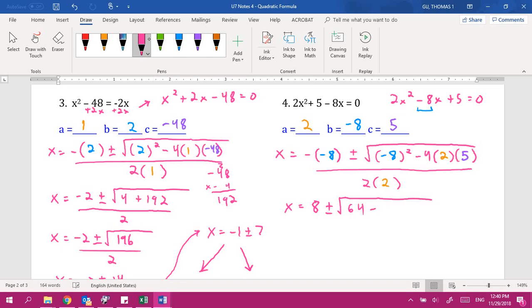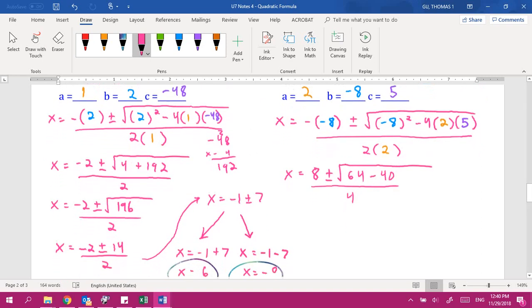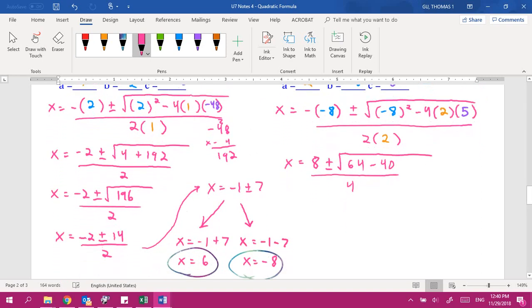Negative 40. All over 4. All right. What's the step after that? Simplify inside the square root, right? So we got x equals 8 plus or minus the square root of, what's 64 minus 40? 24 over 4.